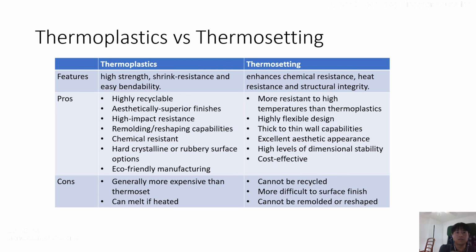Yeah, features. Thermoplastics have high bendability, right? You can bend certain plastics, but other types of plastic are not bendable, and have enhanced chemical resistance, heat resistance, and structural integrity. So those are the two differences.